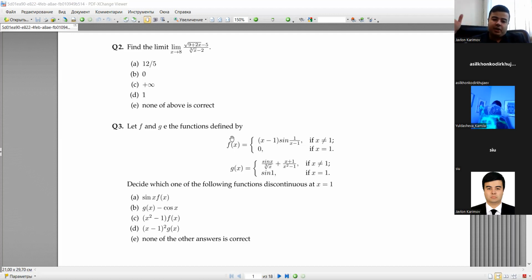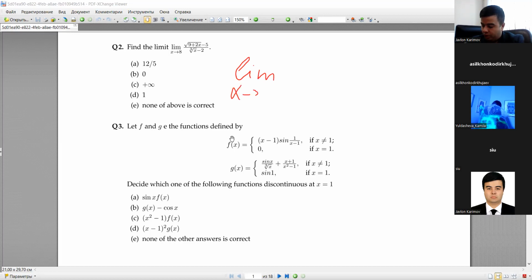So multiply by sine and f of x. When x tends to 1, sine x times f of x. Let's write it here. Limit as x tends to 1, sine x times f of x.